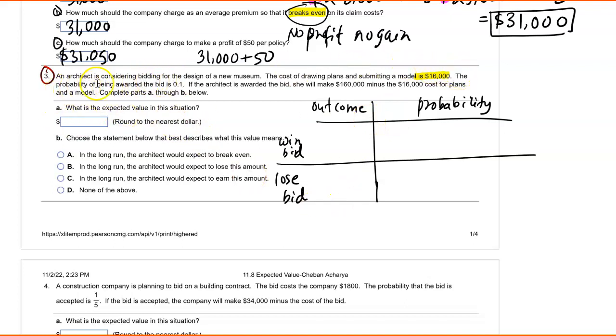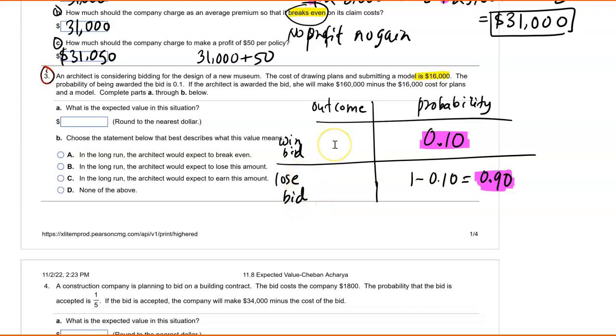Listen, the probability of being awarded the bid is 0.10. And what's the probability of her not winning the bid? It's going to be 1 minus 0.10, which is 0.90. Therefore, the chance of winning the bid is 10%. The chance of losing the bid is 90%.